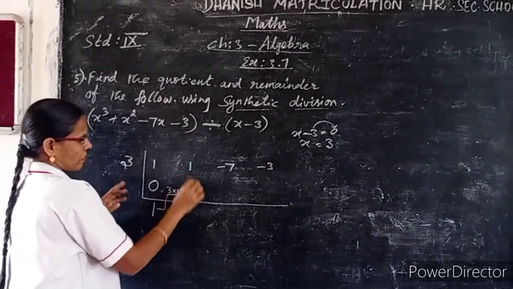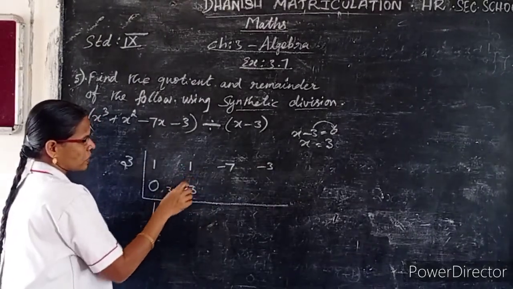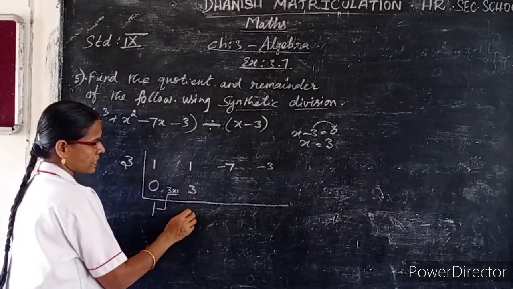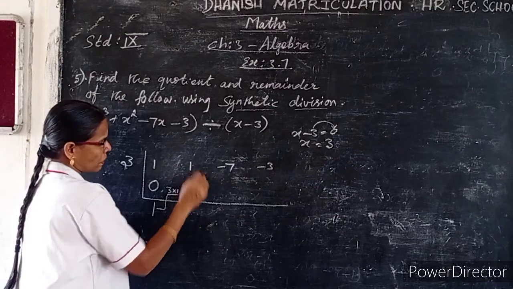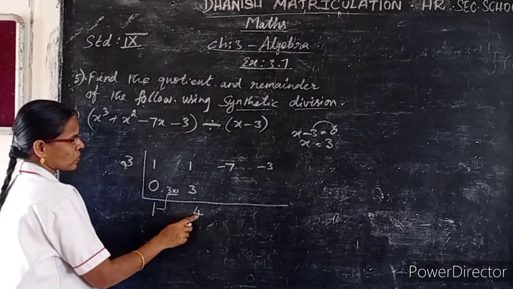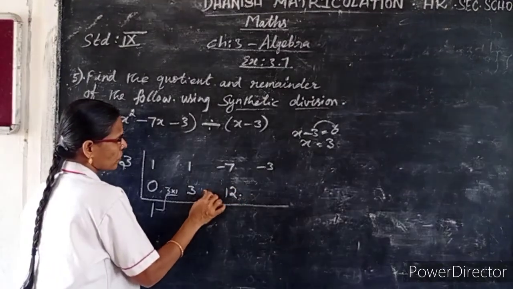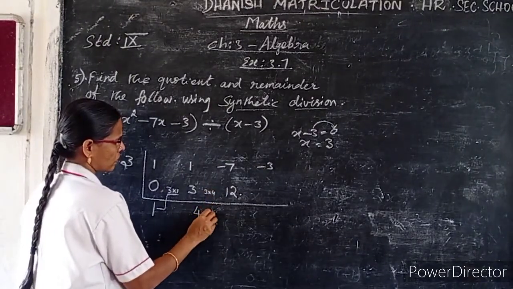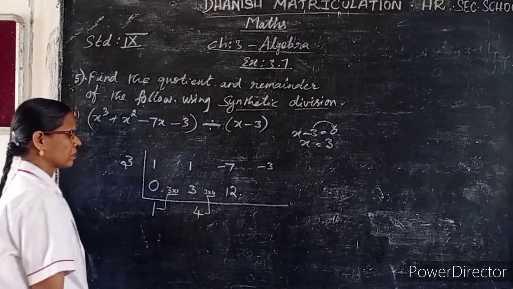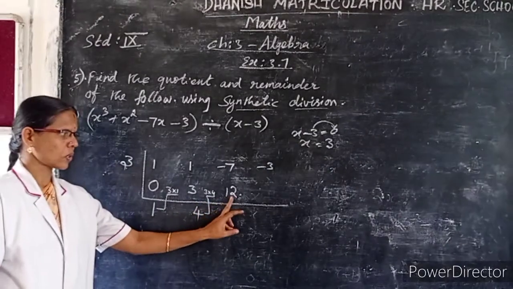Now don't change the sign. So now add the numbers. Both are in plus. So add and put the same sign. That is the rule. 3 plus 1 is 4, plus 4. Now multiply. 3 4s are 12. Write right here. So 3 into 4, 12. So the answer is here.